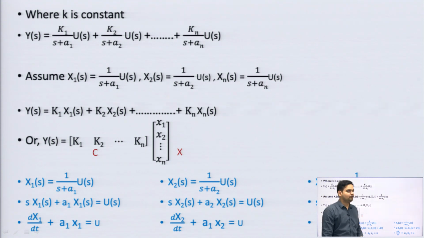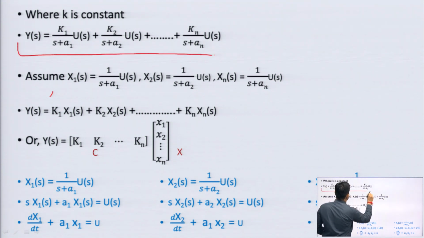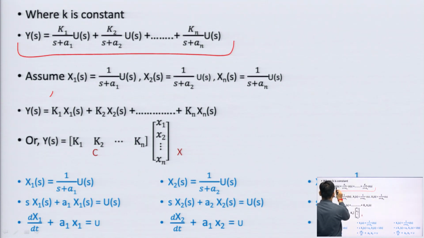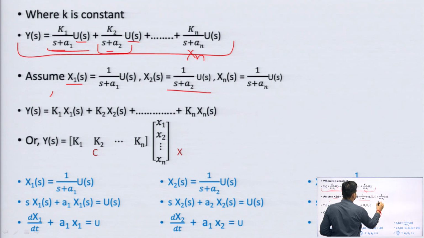Now, where k is constant, this is my y of s, I will multiply u of s everywhere. So, this expression will become u(s) with the first k1, u(s) with k2, u(s) with the nth term k n. Here we need to assume our state vector x1 as this one, x2 as this one, and in the same way the nth state vector would be this one.